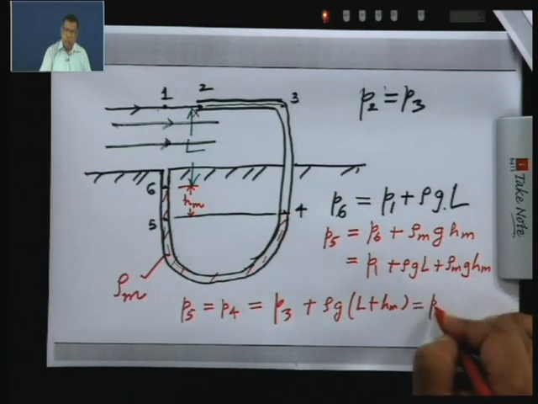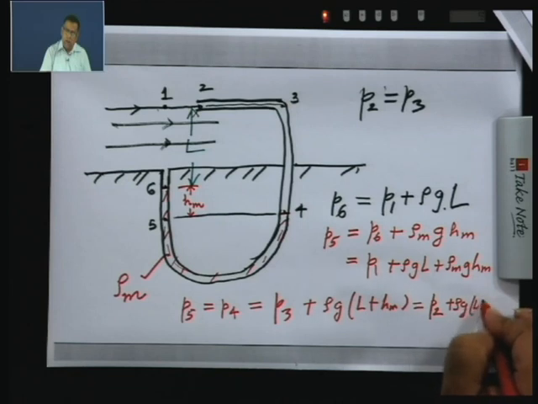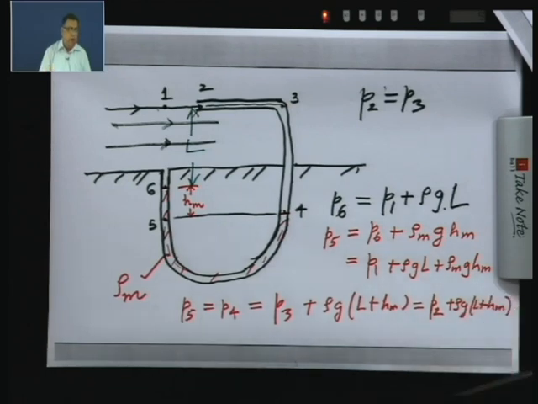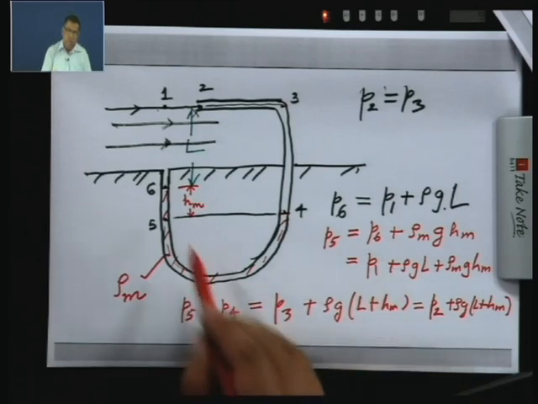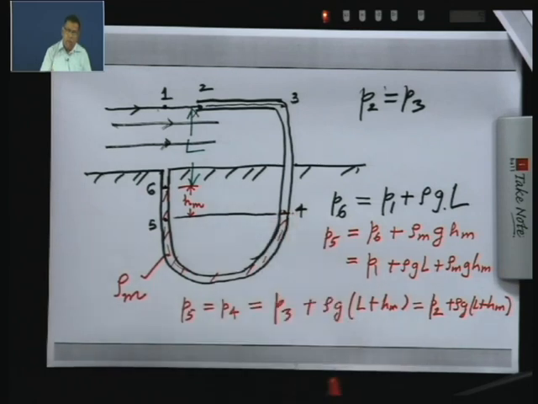So, this is P2 plus rho g (L plus h m). Now, P5 is equal to P4, which has given you this.